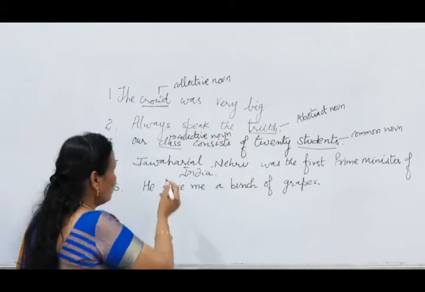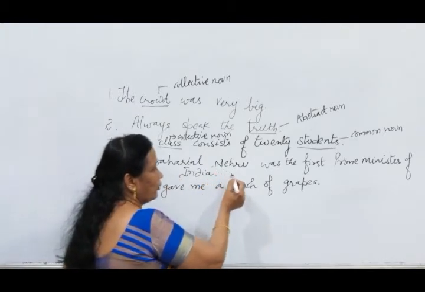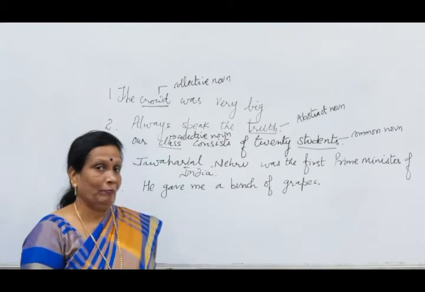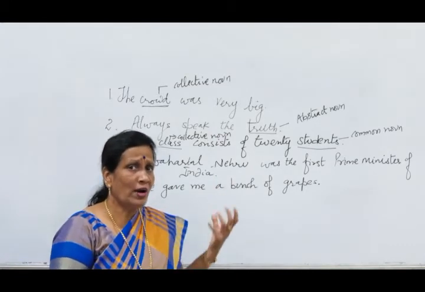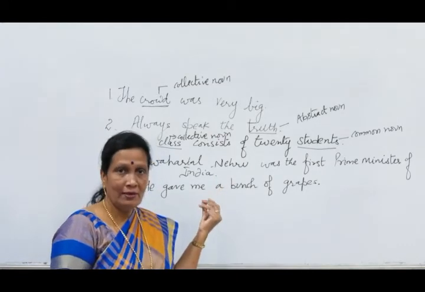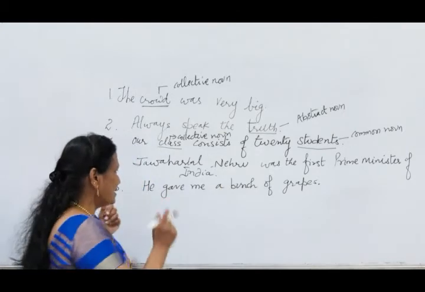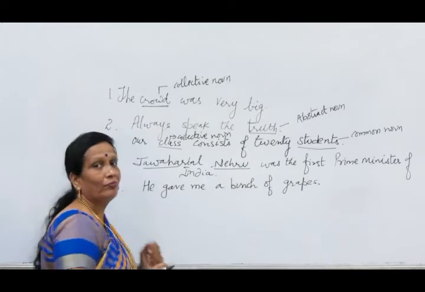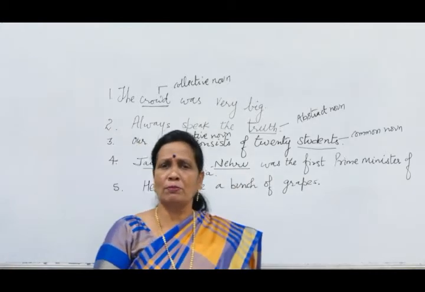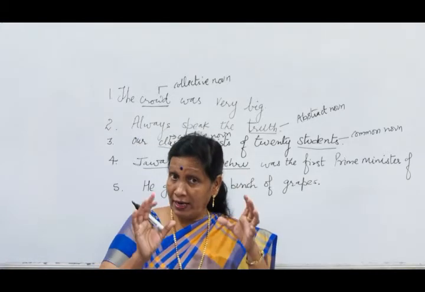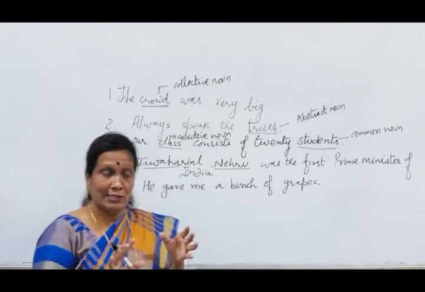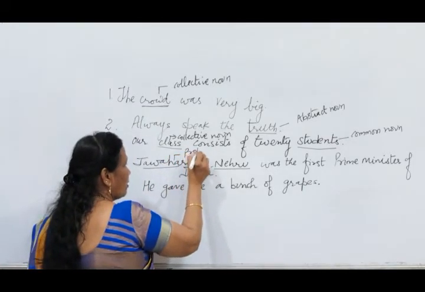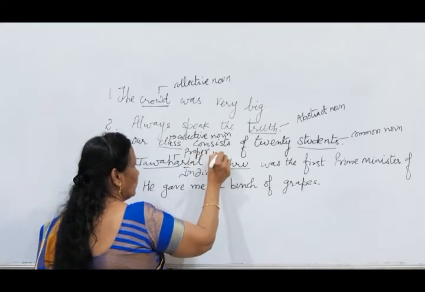Okay. Now look at this sentence. Jawaharlal Nehru was the first Prime Minister of India. So we do have 2 or 3 nouns here too. Let's try to identify. Jawaharlal Nehru. We are talking about a particular person. We are naming a person. So it is a proper noun.